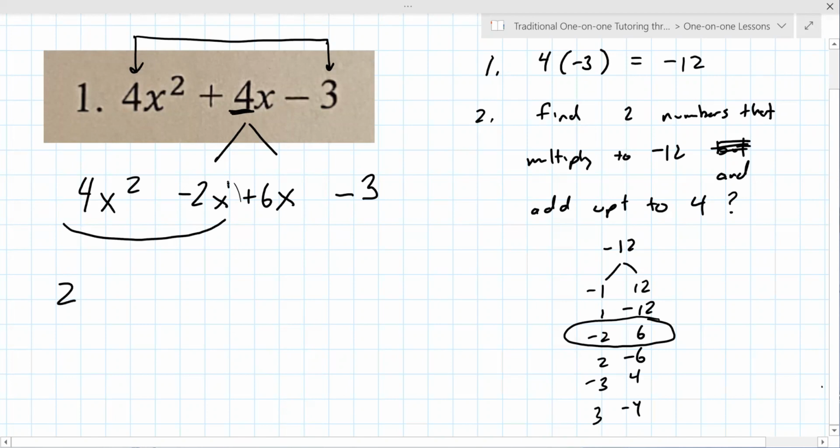What's the smallest exponent? The smallest exponent is 1. So it's 2x on the outside, okay? And then you divide each of these by 2x. So what goes on the inside here when you divide 4x squared by 2x and negative 2x by 2x? Yeah. So I need to know what goes in here. Okay.